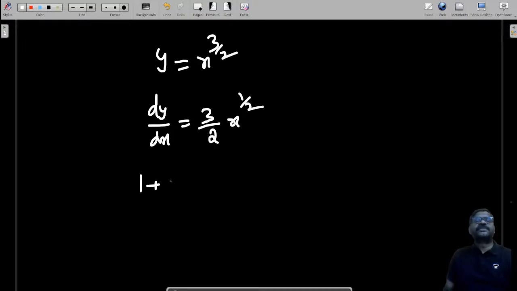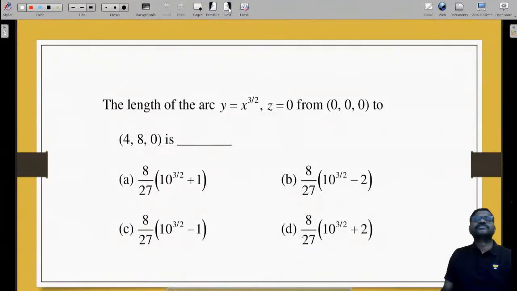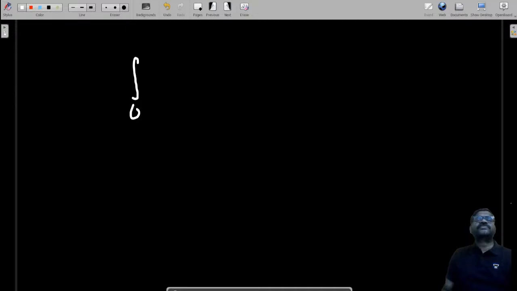Length of the arc is integral of square root of 1 plus dy by dx whole square, that is 1 plus 9x by 4 whole power half, x varies from 0 to 4, dx.